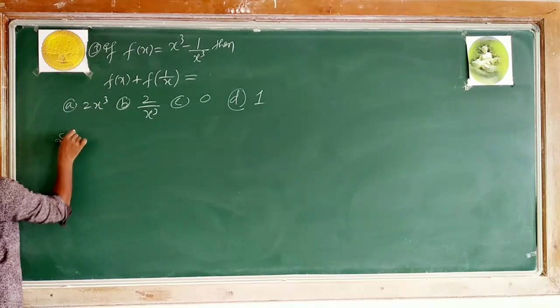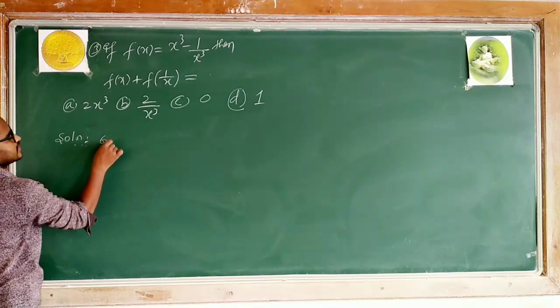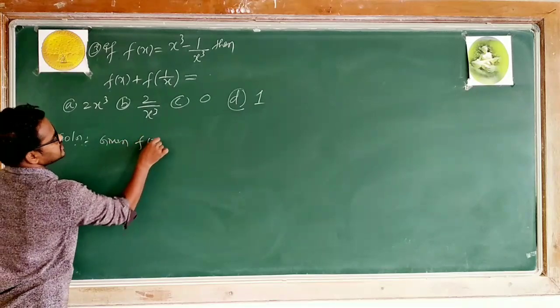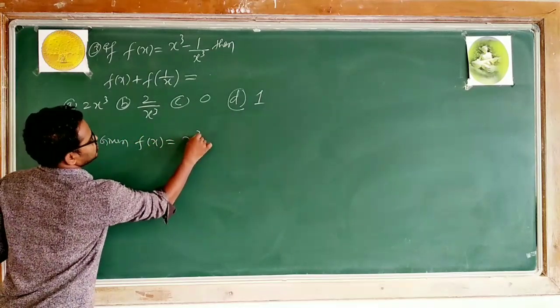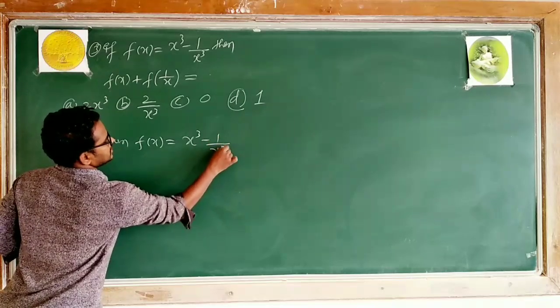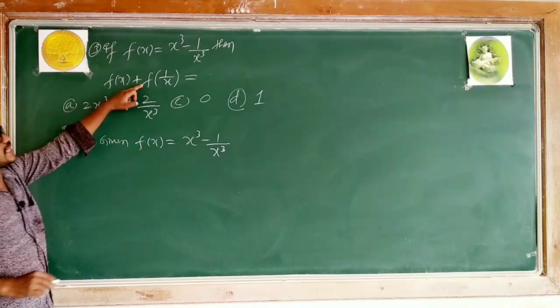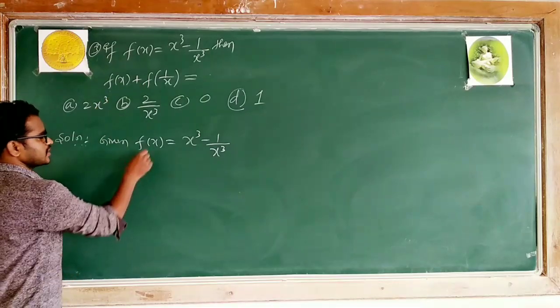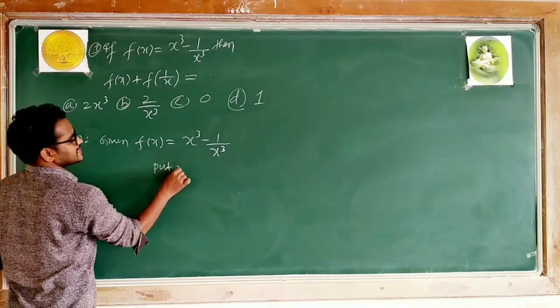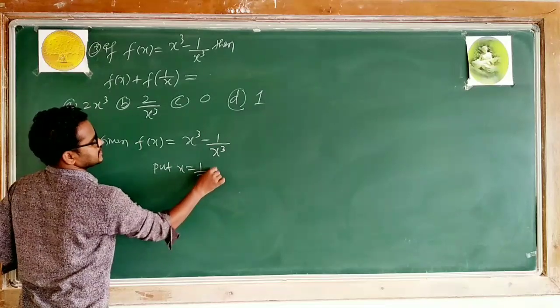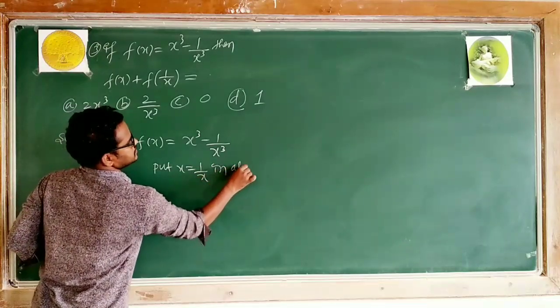Solution: given f of x is equal to x cube minus 1 divided by x cube. To find f of x plus f of 1 by x, I need f of 1 by x. So I will put x is equal to 1 by x in the above.